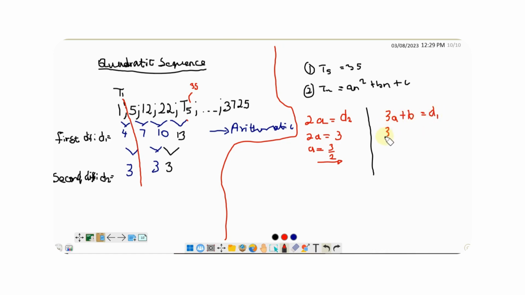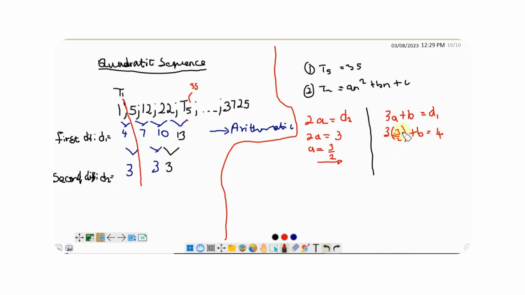So this is going to be 3a, and a is 3 over 2, plus b equals the value for d1, which is 4.